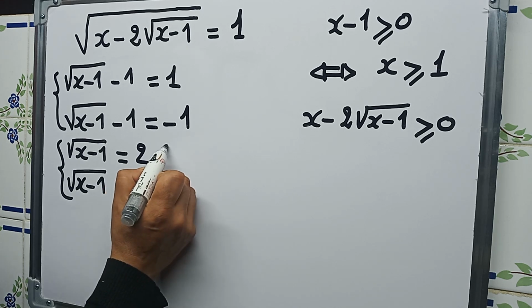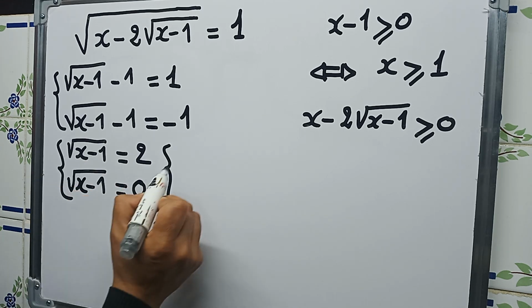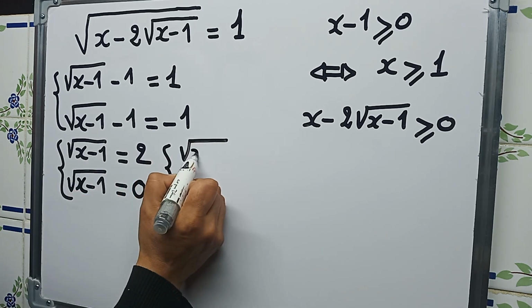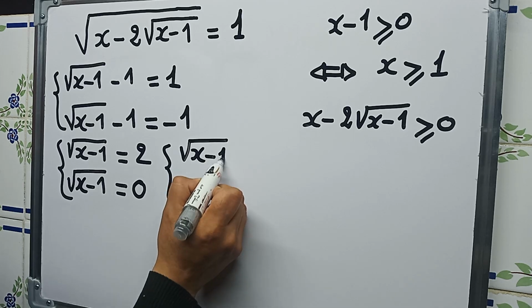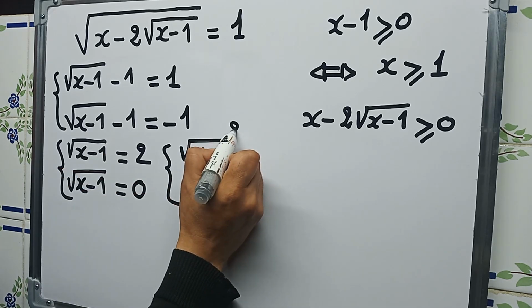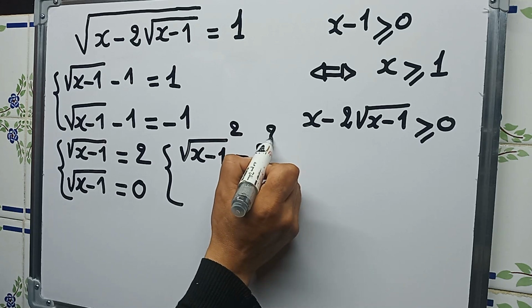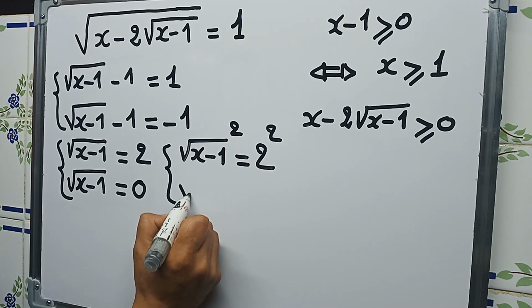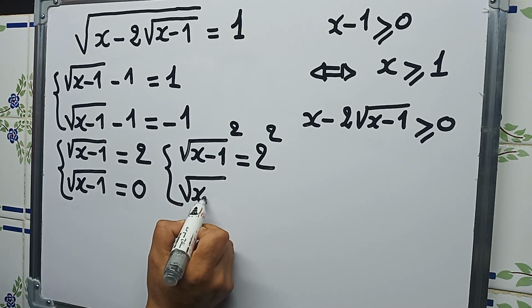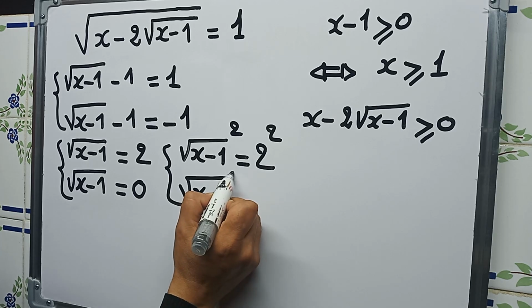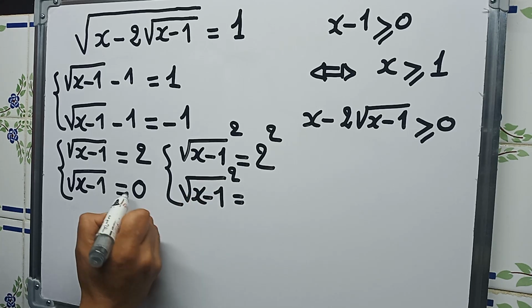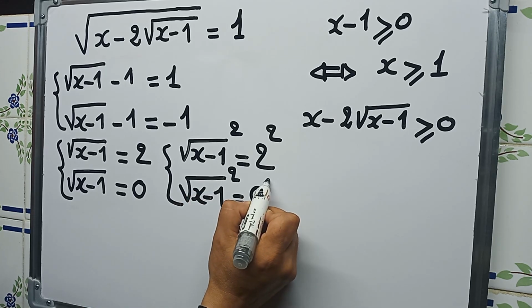And by squaring, we will have square root of x minus 1 squared is equal to 2 squared, or square root of x minus 1 squared is equal to 0 squared.